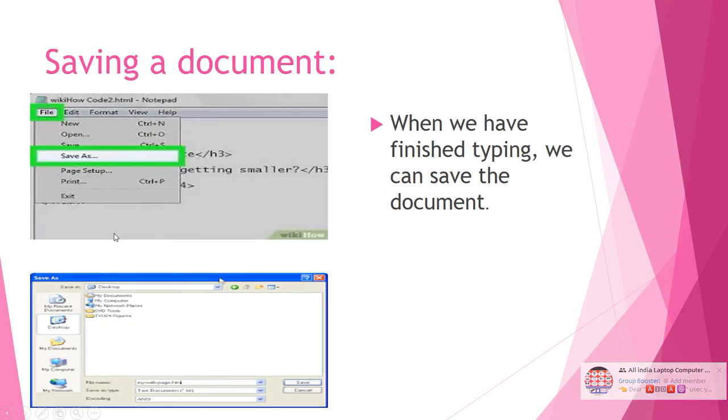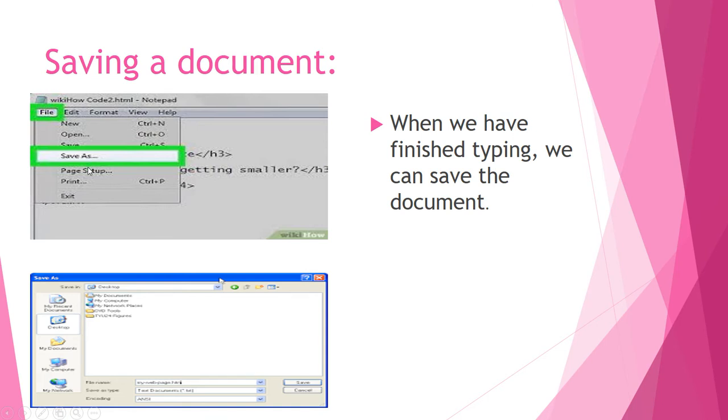Next is saving a document. When we have finished typing work, we can save the document. To save a document, we left click the file menu, a list of options appears. Look at the screen. Here the options available are save and save as.